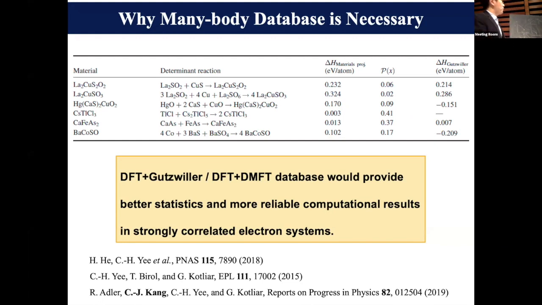The interesting point is that DFT describes the unstable phase, however, the Gutzwiller method describes the stable phase. So we expect that this new mercury-based cuprate superconductor could be synthesized in experiment. Here, I'd like to emphasize that the Gutzwiller and DMFT database would provide better statistics and more reliable computational results, especially in strongly correlated electronic systems.